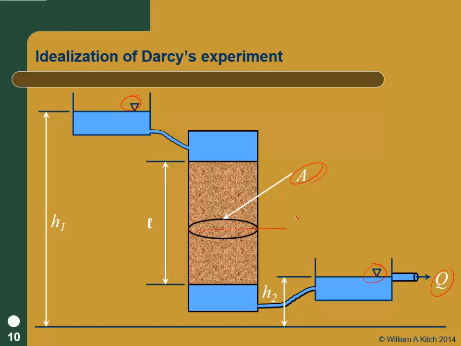It's only flowing through that area times the porosity, which is actually the area of flow.